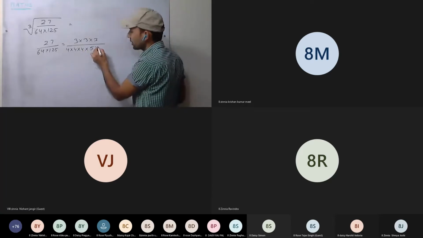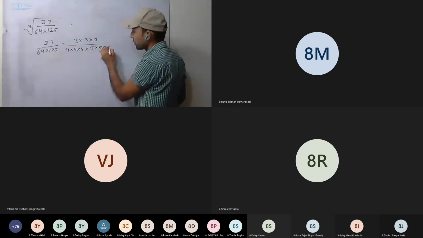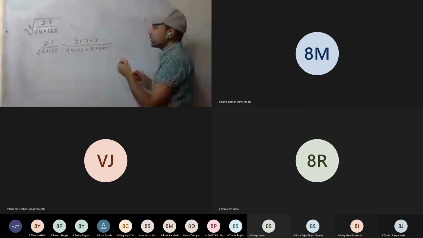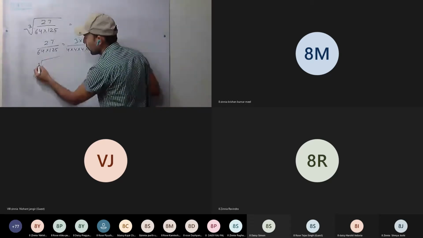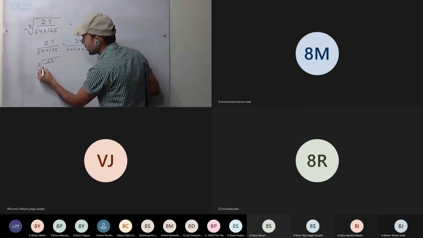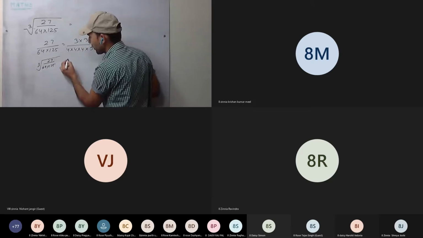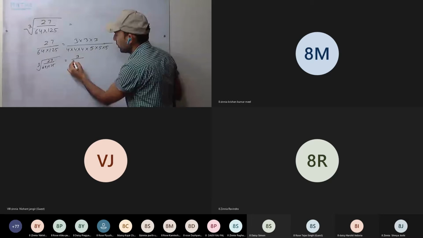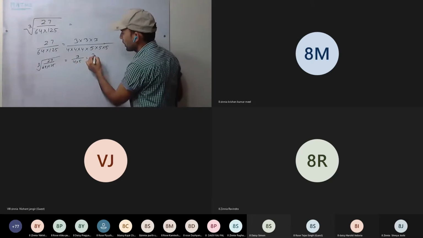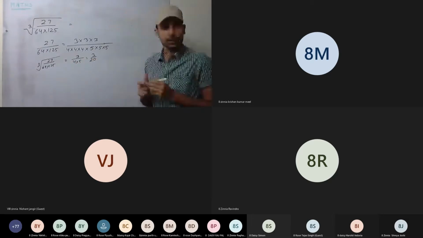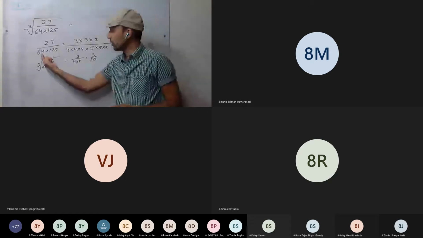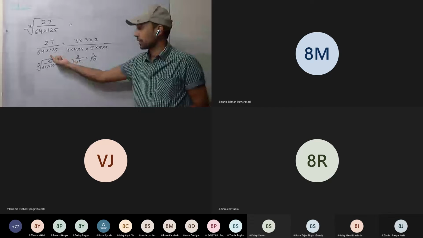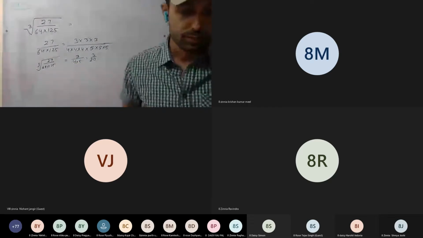And 125 it is 5 into 5 into 5. Now from each we'll be taking one. So cube root of 27 upon 64 into 125 will be 3 upon 4 into 5, 3 upon 20. This is clear. So there was no need to multiply them and then find the factors. There was no need of that.